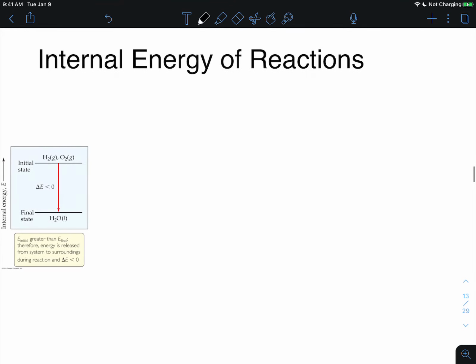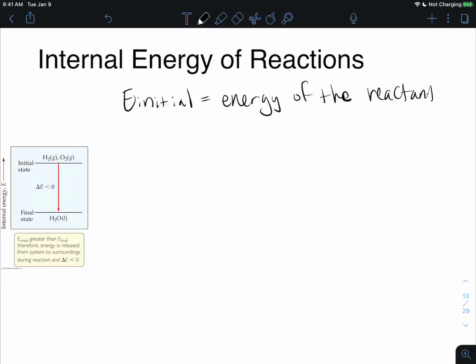Okay? So when we think about our internal energy of a reaction, we're thinking about our E initial being our reactants, E final being the products. So E initial is the energy of the reactants. E final is the energy of the products. And when we think about the energy of a molecule in a chemical reaction, we're talking about the energy of the bonds.